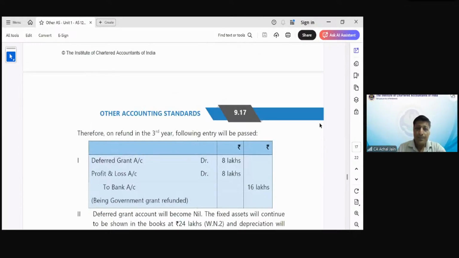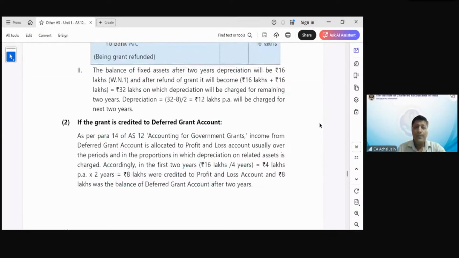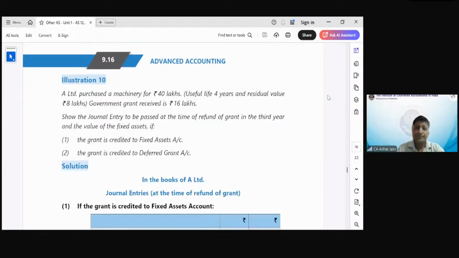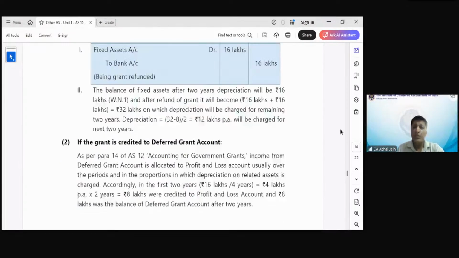So now, to this balance of 16 lakhs, we need to find out what is the amount of refund. So the refund is 16 lakhs. So to this balance of 16, you will add another 16. So what does it become? 32 lakhs.